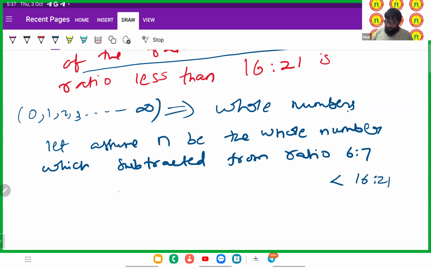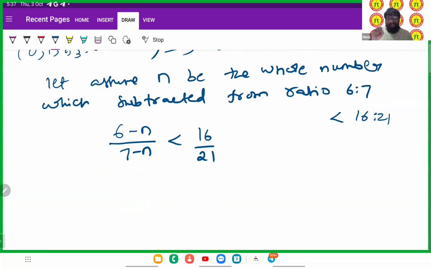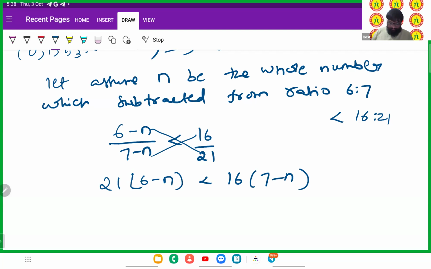So what I am doing here is (6 minus n) : (7 minus n) is less than 16:21. Sorry, not less than or equal to; I'm very sorry to pronounce it in a wrong way. Less than 16:21. So I'm going for cross multiplication here: 21 into (6 minus n) is less than 16 into (7 minus n).